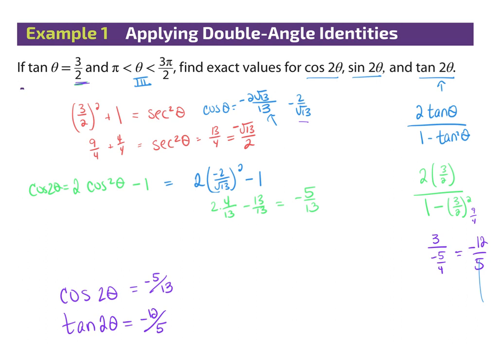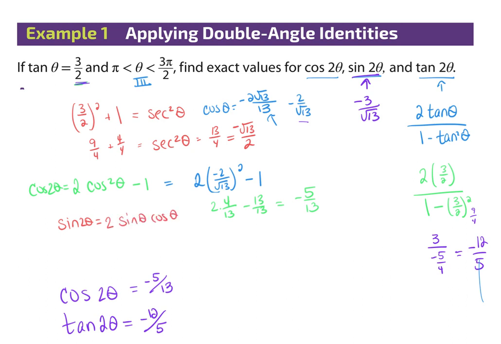And so when I'm doing the double sine, I have to first find it. And my sine value is going to be negative 3 over the square root of 13, however you solve for it, whether Pythagorean or reciprocal and quotient identities. And you're going to do the same thing for this guy. We're going to plug it in. My sine of 2 theta is 2 times the sine times the cosine.